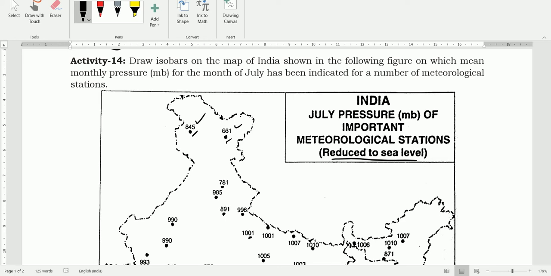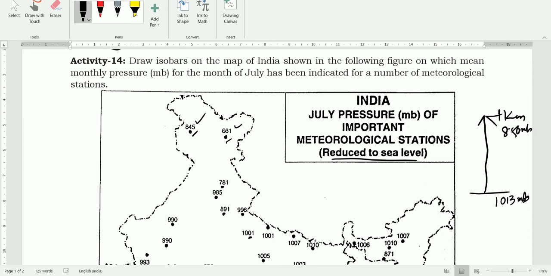For example, we know that pressure decreases rapidly with increasing height. At the ground, at sea level, the pressure may be 1013 millibar. After climbing up 1 kilometer, the pressure may be around 850 millibar.